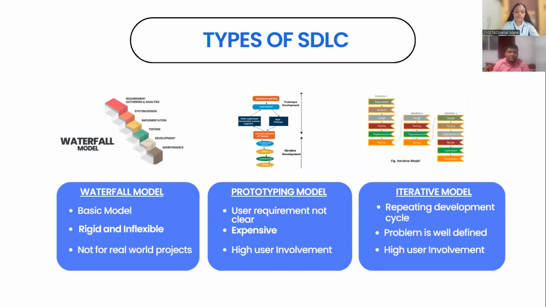So let us say what is the nature of my stock trading application project that I'm going to do, and based on that, what is the best model for me. This can be well explained if you explain the waterfall model based on the nature of the project. So which model will be the best fit for which type of project.